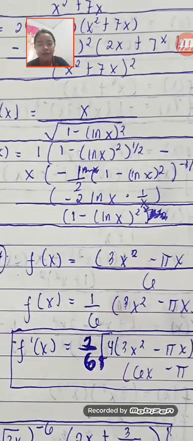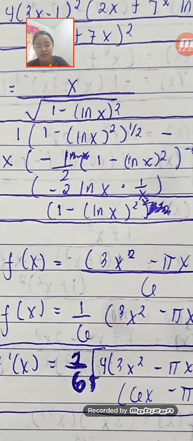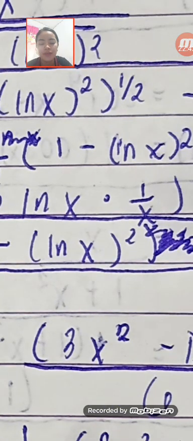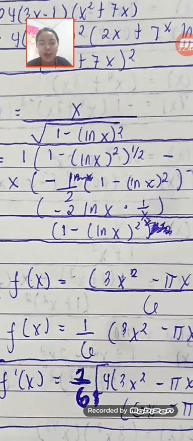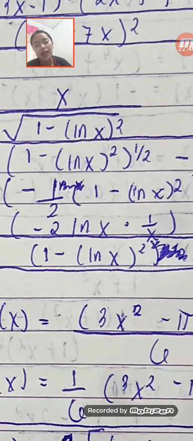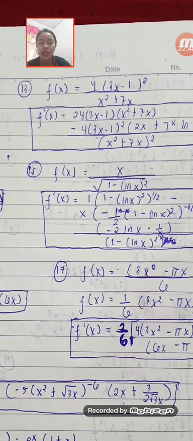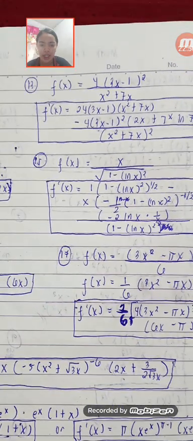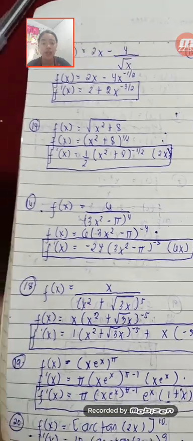So over, of course, the square root of our denominator. So we have here 1 minus ln x squared. Sorry for the typo errors, but yeah. Let's over this to the square root of our denominator. So that is our final answer.